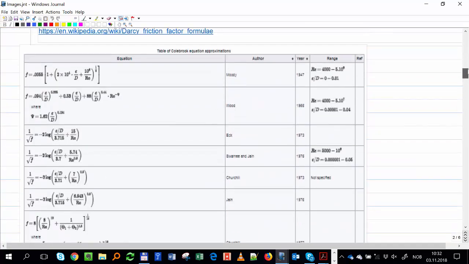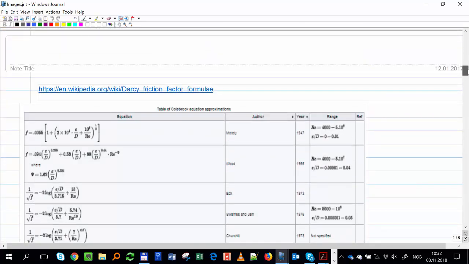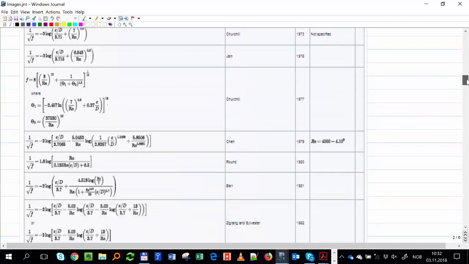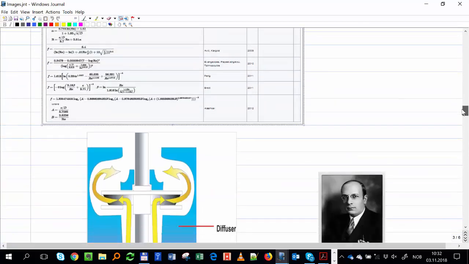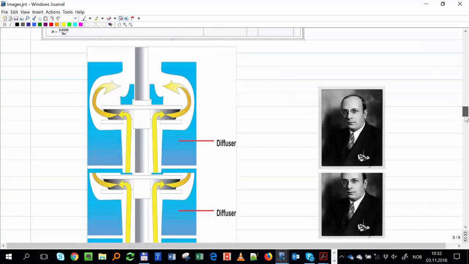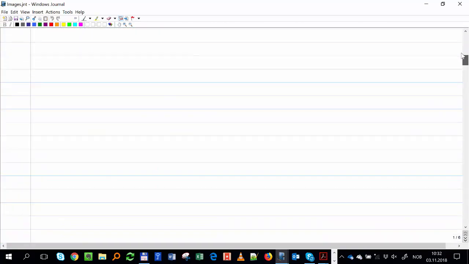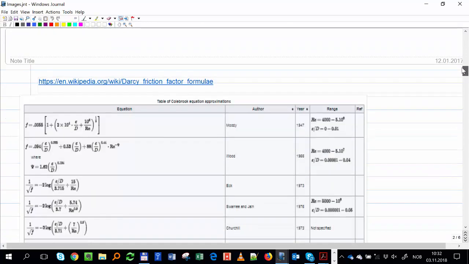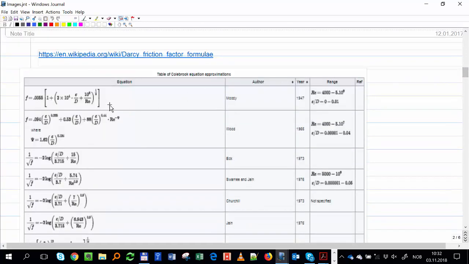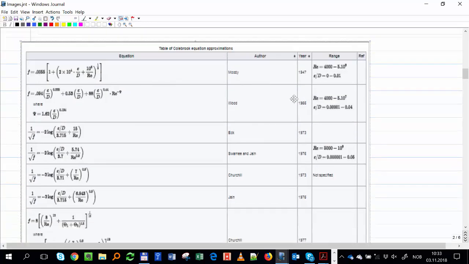Let's see if I have it someplace here. It's not here. I think it's similar to this one, but it's not exactly the same.